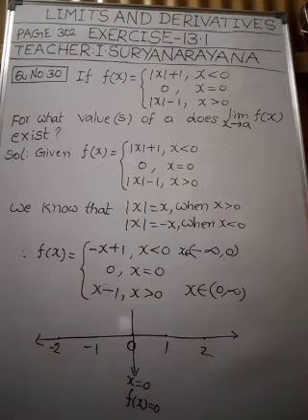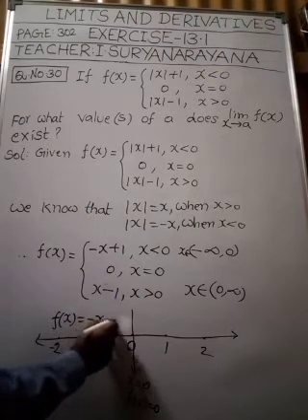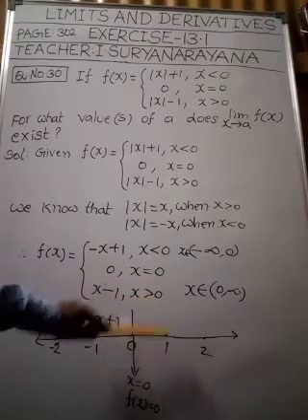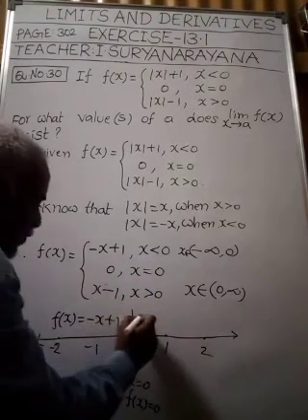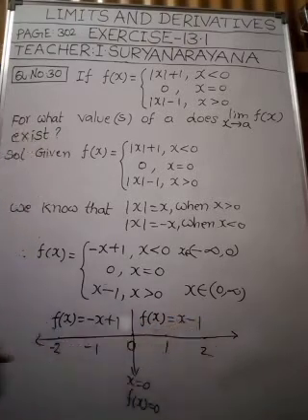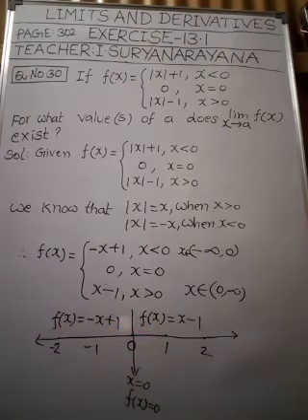X less than 0, how is the function defined? F of x is equal to minus x plus 1. Okay, my children. On right hand side, x greater than 0 means right hand side of 0, f of x is defined as x minus 1. You have to consider this function. Understood this point, my children?